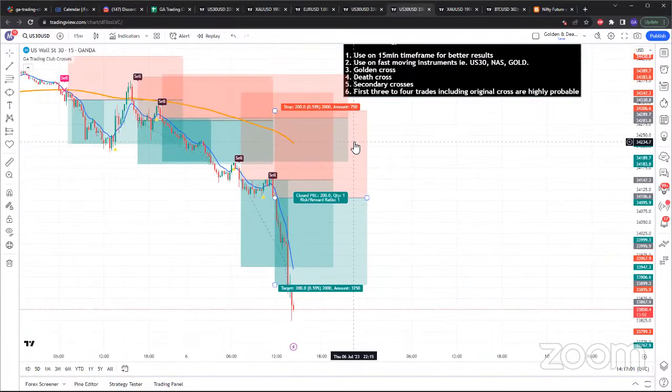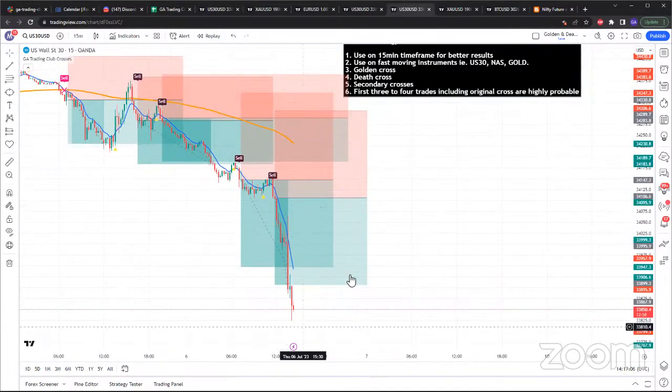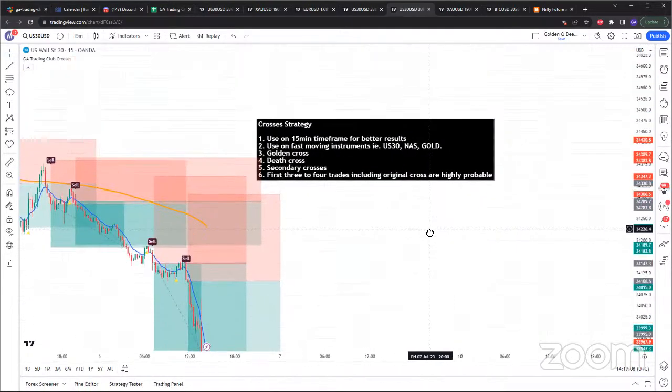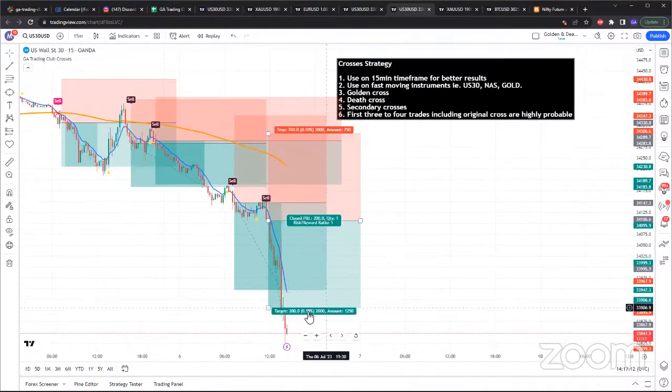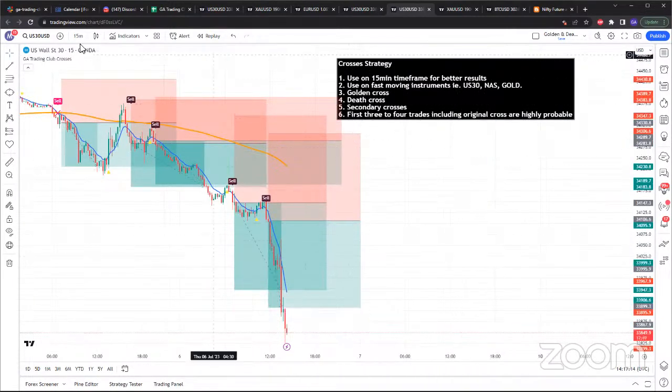So right now, this is why I'm waiting for buys on US 30. When we now get the golden cross back above for US 30, I just do the same thing, first 3 to 4 trades, and that's it. So right now for US 30, I'll be watching the crosses indicator, and I'll be watching also the breakout.